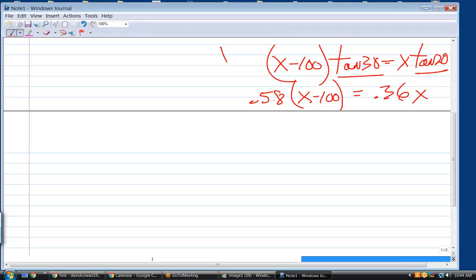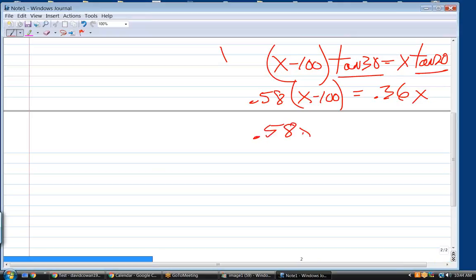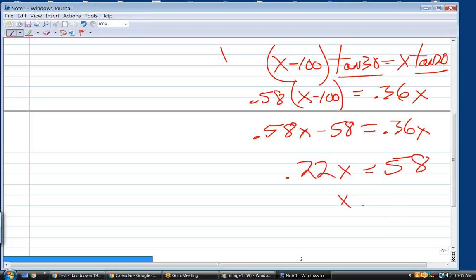So I'm going to distribute. So I get 0.58x minus 58 equals 0.36x. I'm going to bring the x on the right over to the left, giving me 0.22x, and I'm going to take that negative 58 and move it to the right. And now x is going to be 58 divided by 0.22.